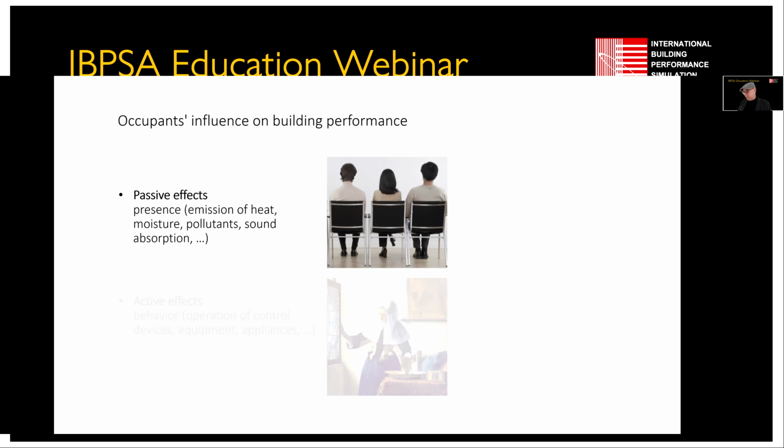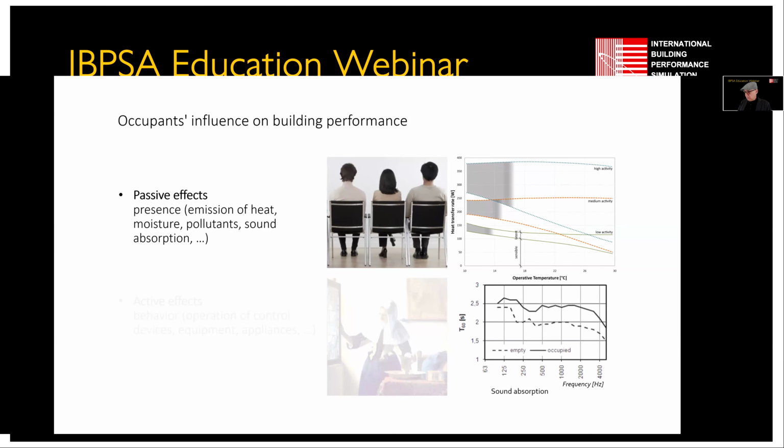For example, in thermal settings, they introduce certain thermal loads, sensible and latent thermal loads, but they also introduce carbon dioxide, other types of air pollutants, and so on and so forth, that need to be taken into account when we're talking about the temperature evolution in the building or the ventilation rates that are required.